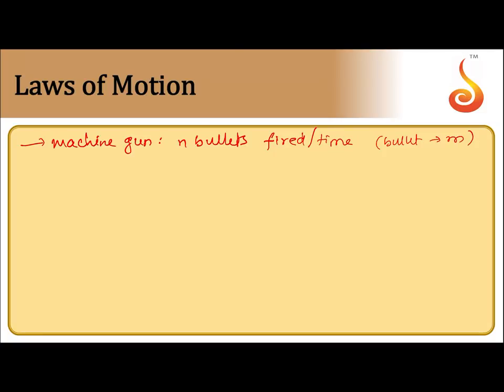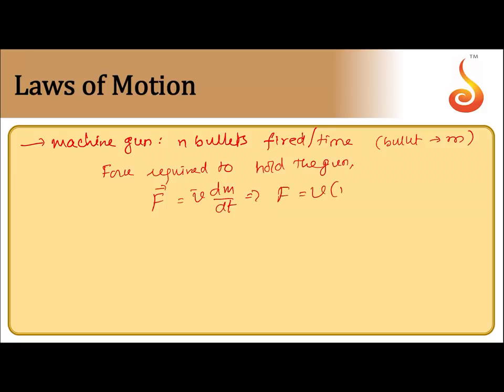Then the force required to hold the gun is F equal to v into dm divided by dt, and this is nothing but F is equal to v into m into n, or mnv. Okay, so remember this one.